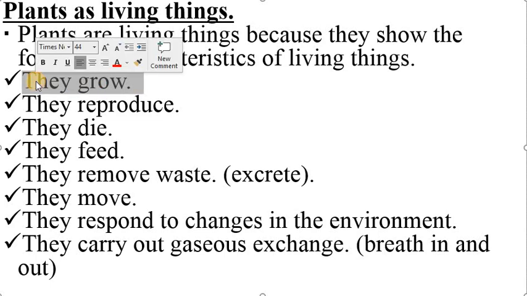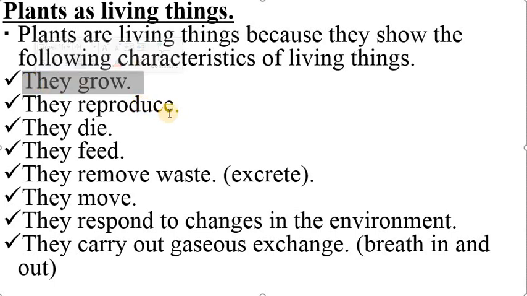If you take a maize seed and plant today, after 5 to 7 days, you will see the plant germinated. Then after several weeks, you will see the plant increasing in size. That is an indication that this is a living thing. It is growing, multiplying its cells.